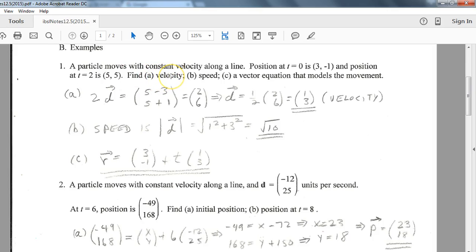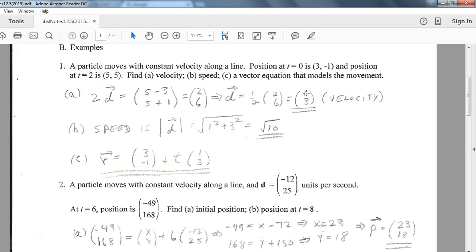For part A, we started here when time was 0, and 2 seconds later I'm at 5. Start by looking at the change in the x position. It was at 3, and now it's at 5, 2 seconds later. From 3 to 5, we went 2 units over 2 seconds. As far as units per second, we had a total distance of 2, and if we divide that by the amount of time it took us to get there, this is the value we get for that velocity vector.